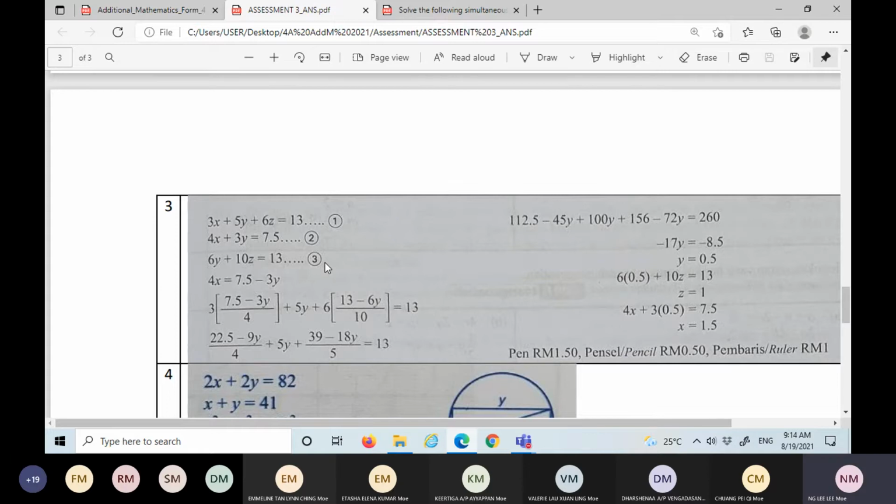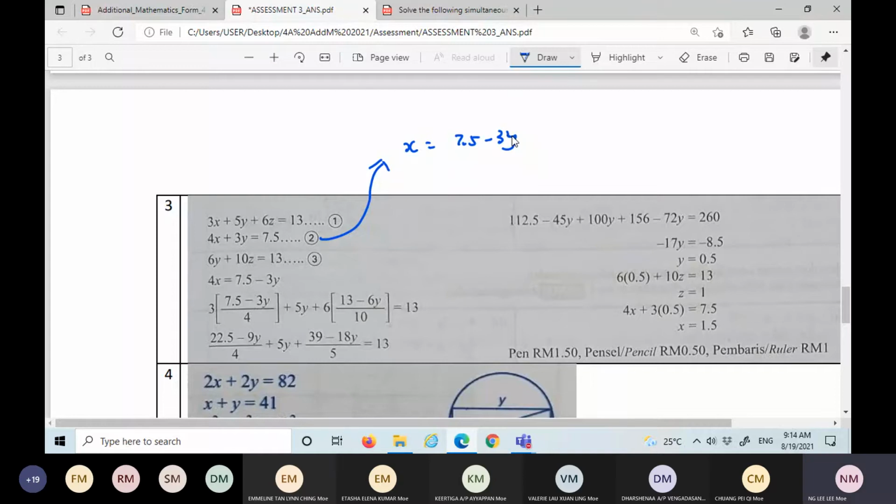So in one shot you can get rid of x and z. From the third equation, they miss one step here, so I write it here. From the second equation, you will get x as (7.5 minus 3y) over 4.